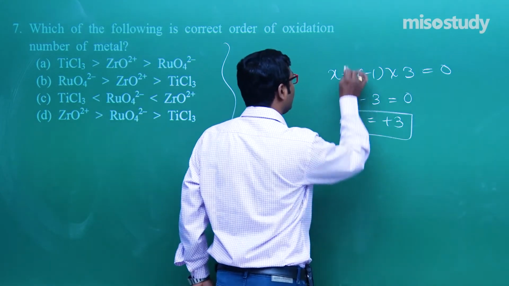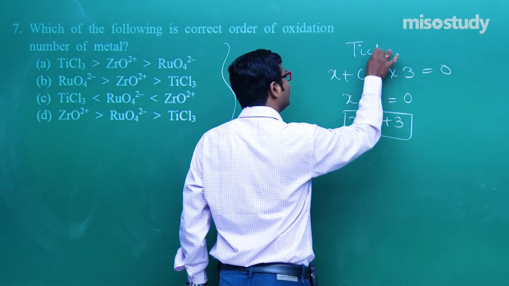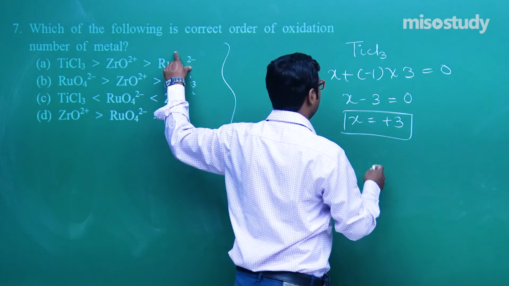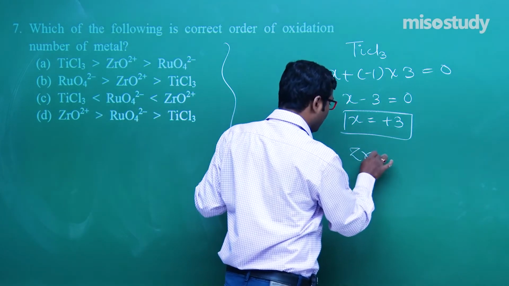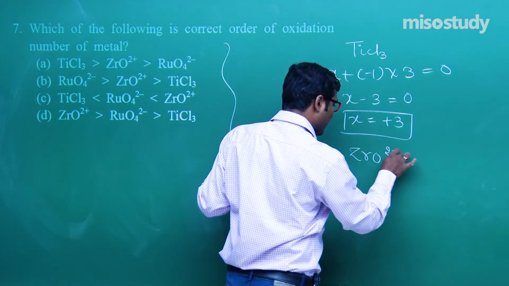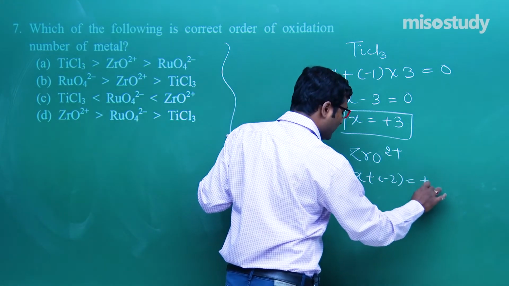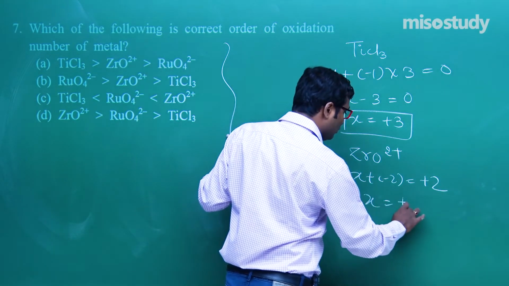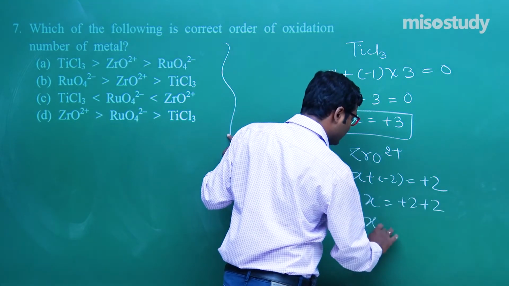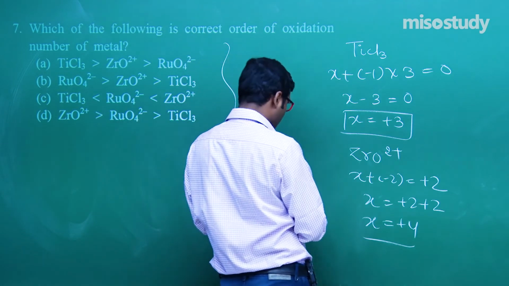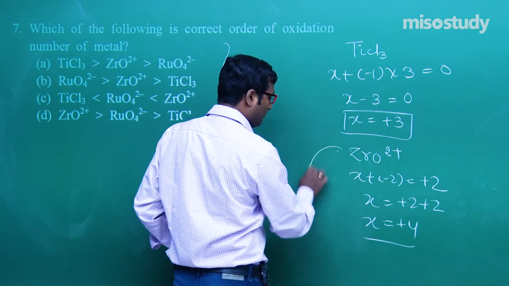For the first case, in TiCl3, Ti has oxidation state +3. Now zirconium, that is ZrO2+, X plus (-2) is equal to +2, X is equal to 2 plus 2, X is equal to +4. In the second case, the oxidation state is +4.